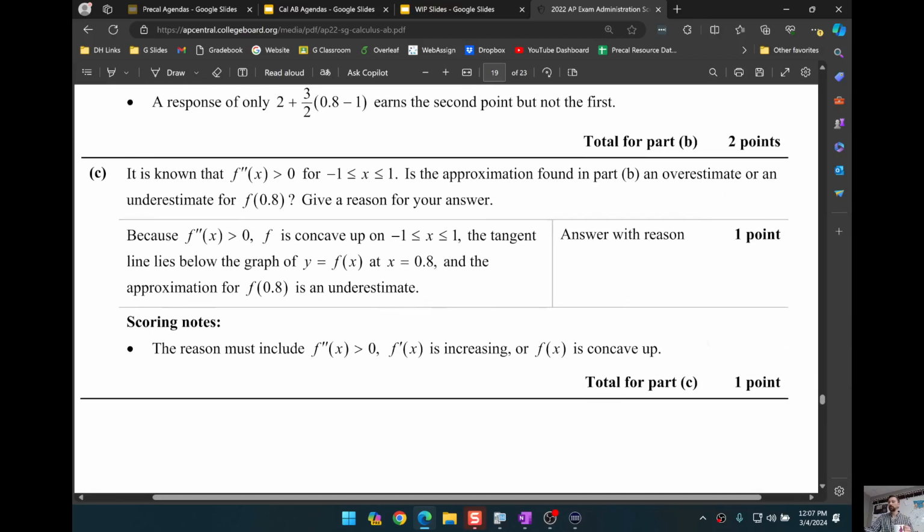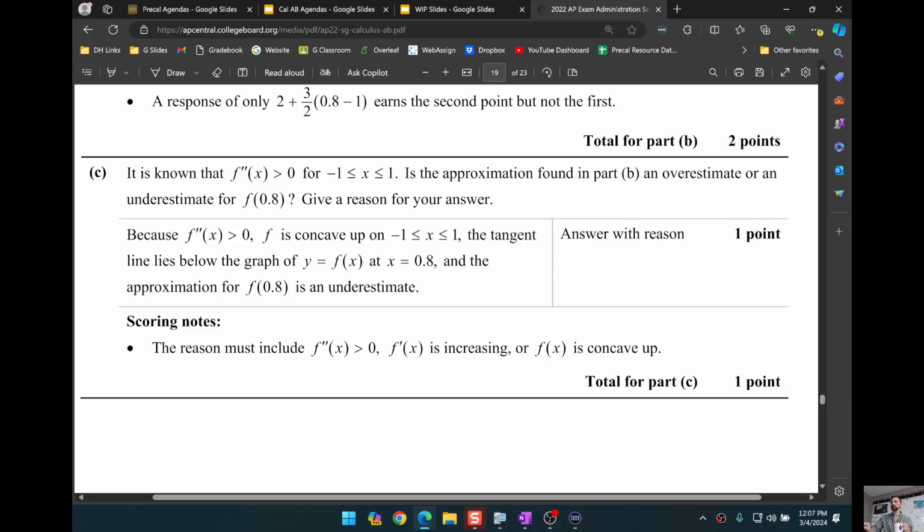Okay, part C is only 1 point. So your answer had to be that it was an underestimate, but you also had to have a correct reason. The reason must include that the second derivative was positive, or that it's concave up, or that the first derivative was increasing.